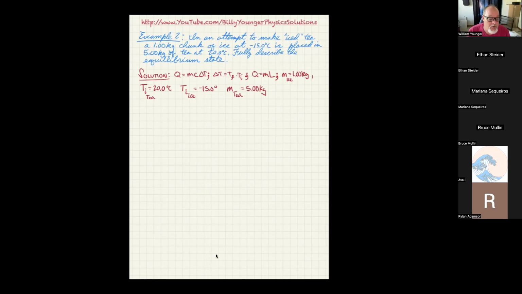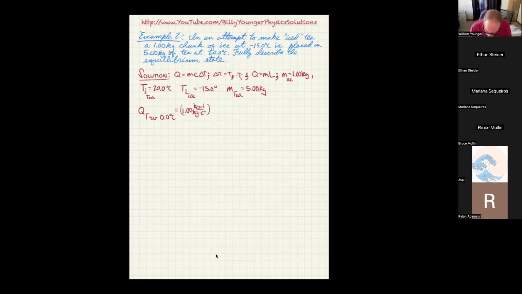So the first thing we might want to do is figure out how much energy it's going to take to bring the water down to 0 degrees Celsius. In other words, bring the tea down. So Q_T to 0.0 degrees Celsius is going to be basically the specific heat of water, which is 1.00 kcal per kilogram Celsius degree.